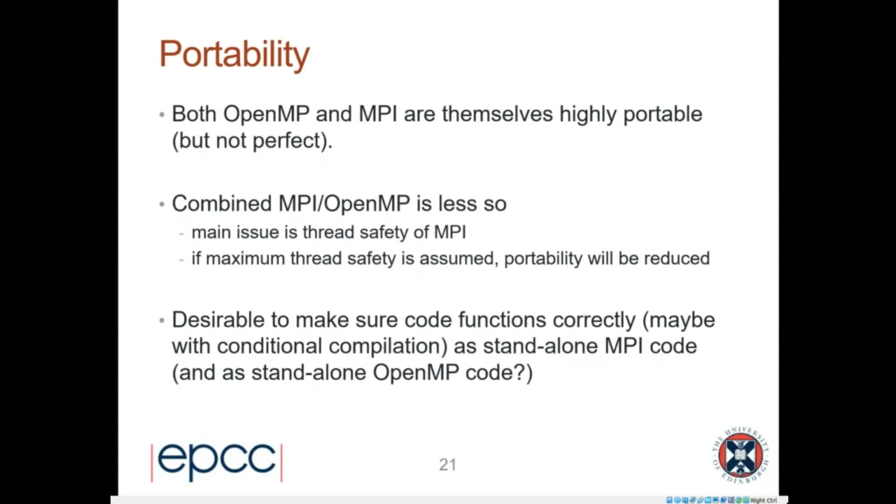MPI was not designed to be thread safe, so it's been hacked on afterwards. If you require maximum thread safety, portability will be reduced, because some MPI implementations will not support it. They will say, sorry, I can't do that. It's less true now, but it is an issue.